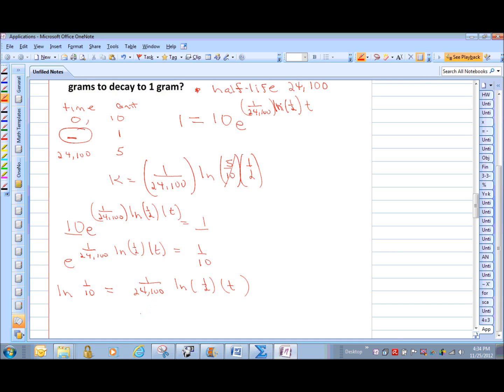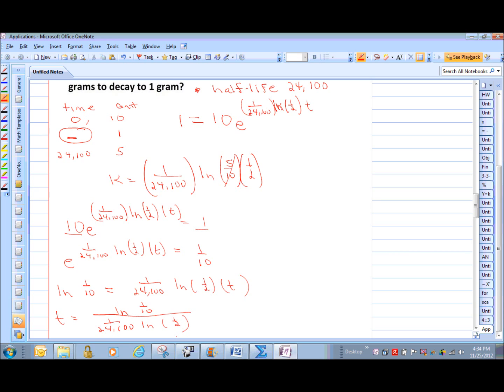And so our answer for t, if we solve for t, is ln 1/10 divided by 1 over 24,100 ln 1/2.